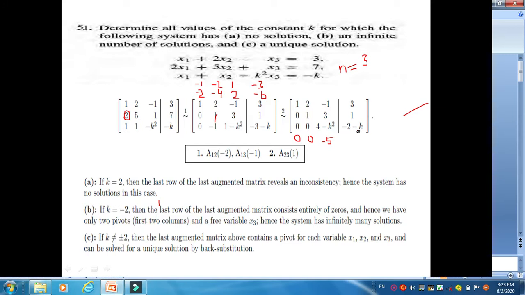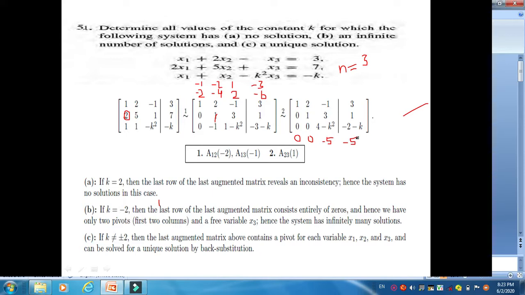Here again, if you plug in k equals 3, minus 2 minus 3 is minus 5. So you see the rank of the coefficient matrix is 3, the rank of the augmented matrix is also 3, and both are equal to the number of unknowns. So it tells us that the system has a unique solution because it satisfies the condition of a unique solution.